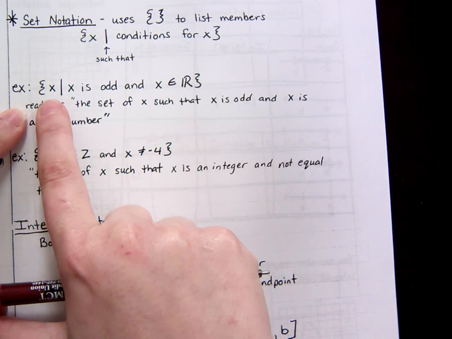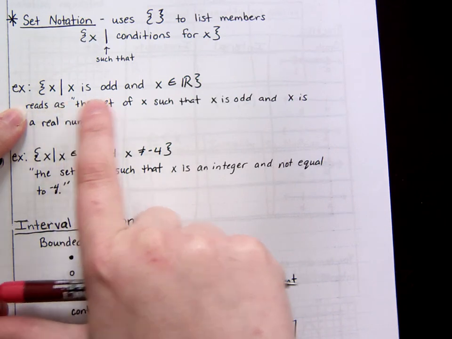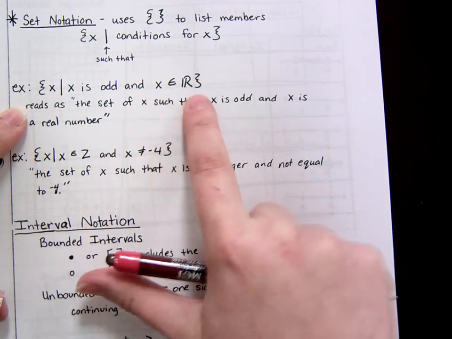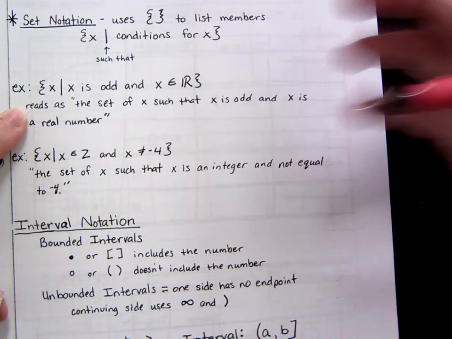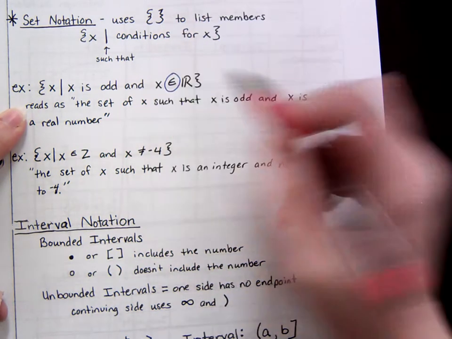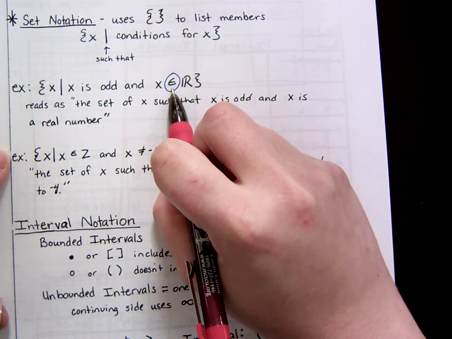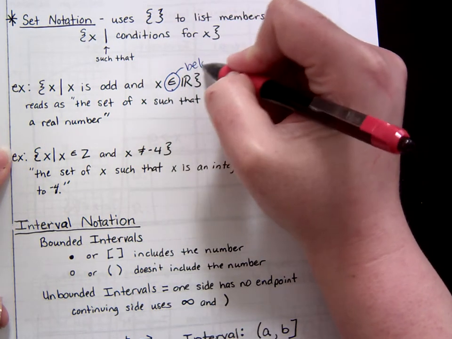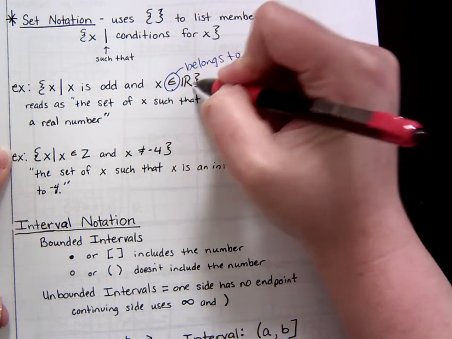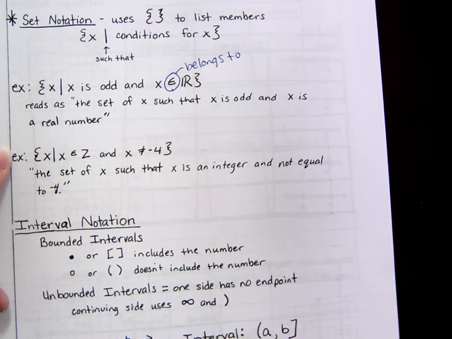So for example, this says I've got a set of x values such that x is an odd number and it's an element of the real number system, or it belongs to the real number system. If you see this, basically this means that it belongs to whatever set is behind it.